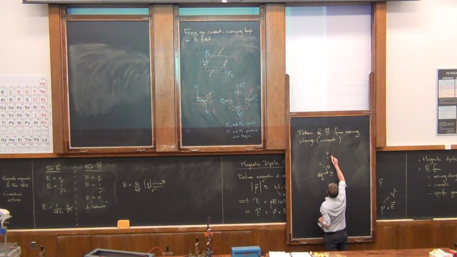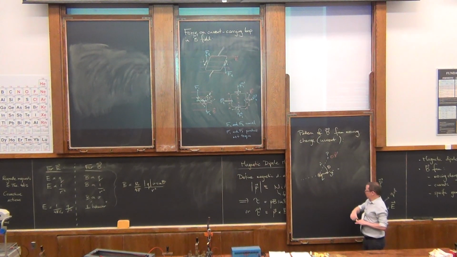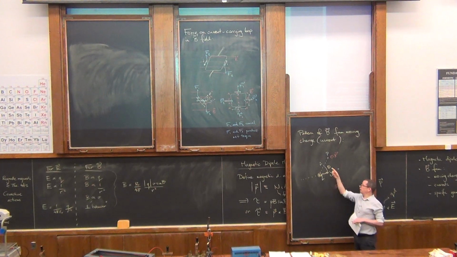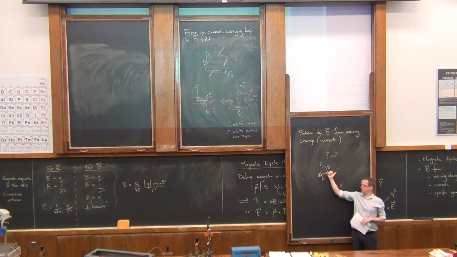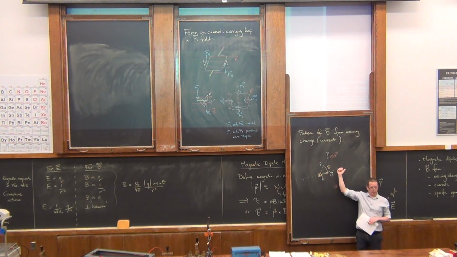There's my usual representation for a vector coming towards us. If I'm down below here, but still in the plane, then the magnetic field is moving away from us, usual representation for that. And then you can imagine this as circular paths wrapping around this direction of positive current flow.